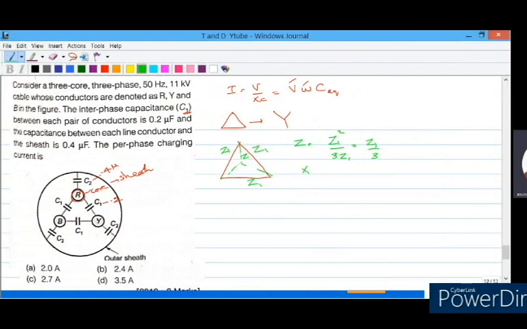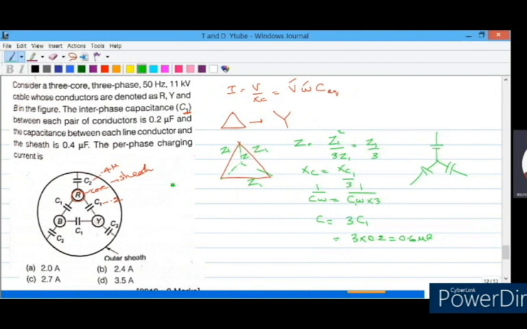So if I write XC is equal to XC1 by 3, so what is XC? It is actually 1 by C omega. It is 1 by C omega into 3. So C is actually 3C1. Here it is given as 3 into 0.2. So it will be 0.6 microfarad. So this delta is written in star way in this connection.